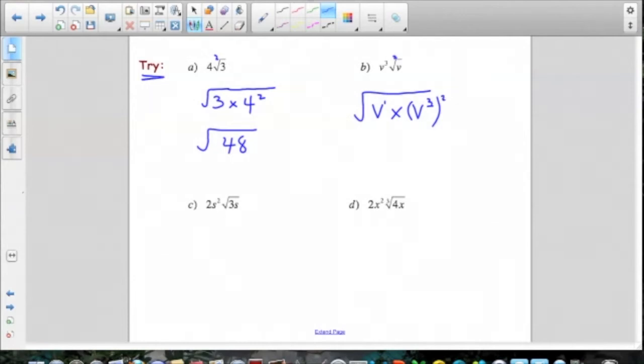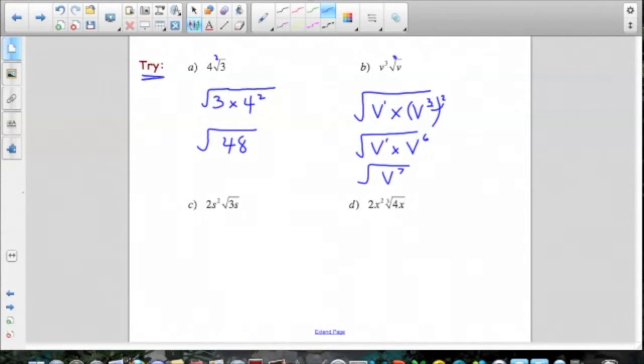So now we just do a little bit of exponent laws that we did back in grade 9. We have a power to the power, which means multiplication, so that's 6. And now we have multiplication with these two powers. We know we add. So v to the 7th is your answer.